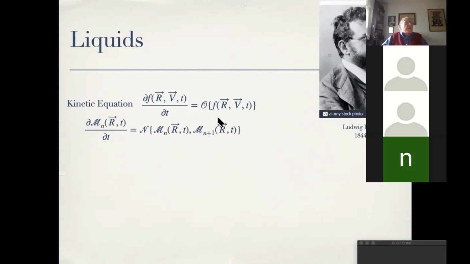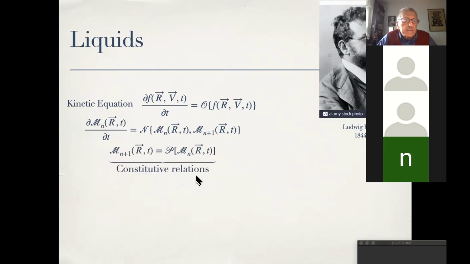But in general, we cannot solve it, yet we have to solve those equations, because we know that the lowest order moments, the first moment is a density, the second moment is a velocity, the third moment is a kinetic energy. So we have to solve them if we want to derive the macroscopic laws which govern the liquid.